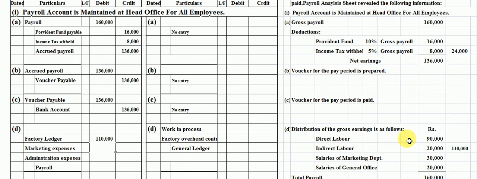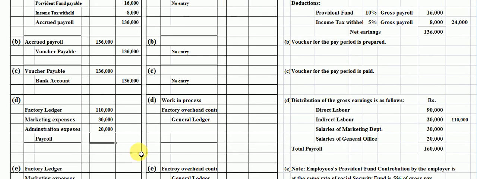Marketing expenses cost is 30,000 rupees, and the salaries of general office, which is charged to the administration expenses, 20,000 rupees here. Students, against it, payroll is credited 1,60,000 rupees. Students, the gross payroll is closed here on behalf of factory payroll, marketing expenses, and admin expenses.